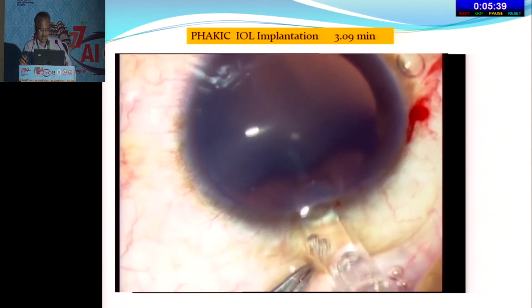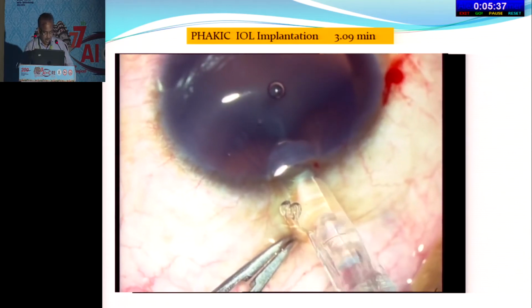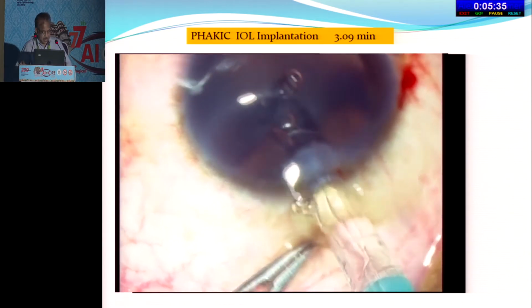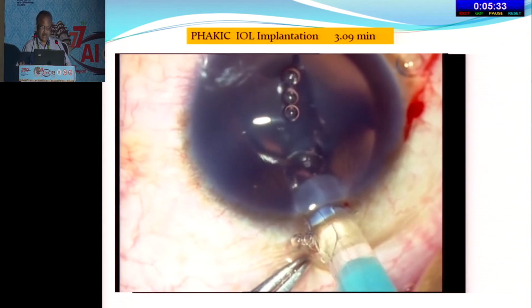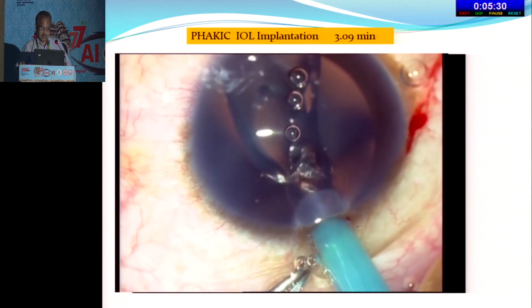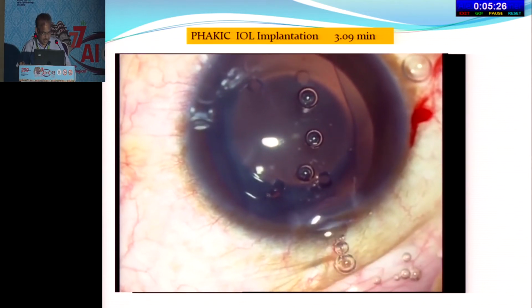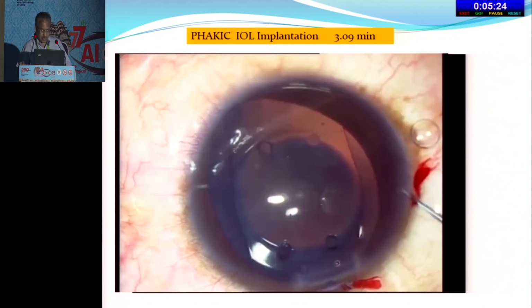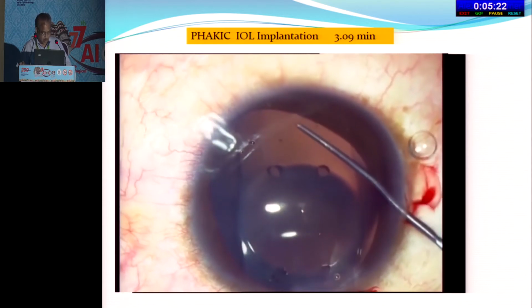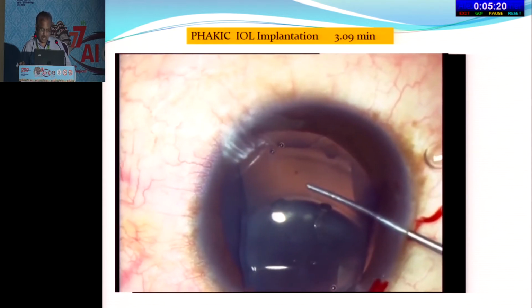Now the vaulting mechanism is in the superior optic, and the optic should be manipulated only with the blunt clip manipulator. Care should be taken not to fold the haptic under the iris.